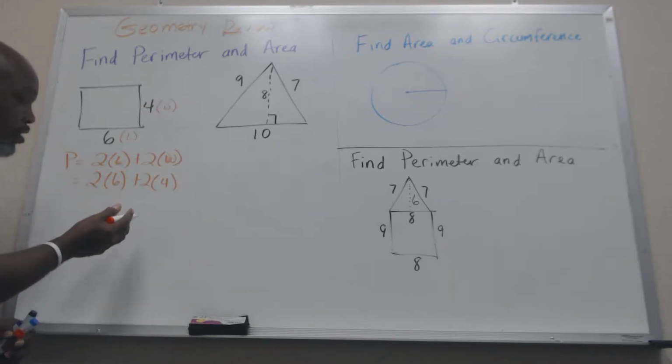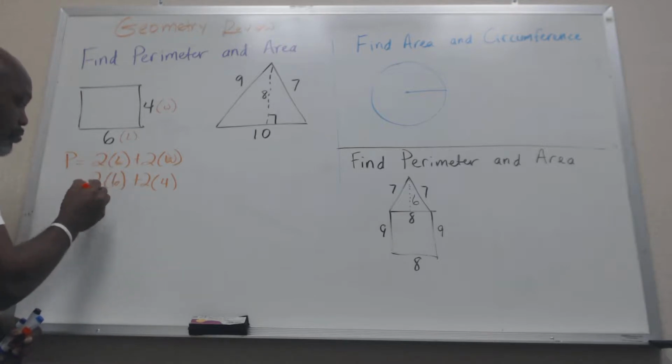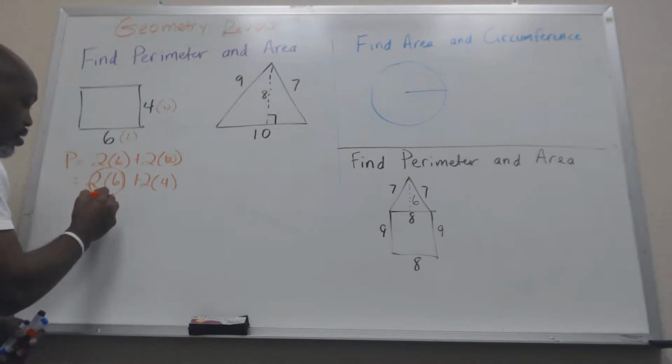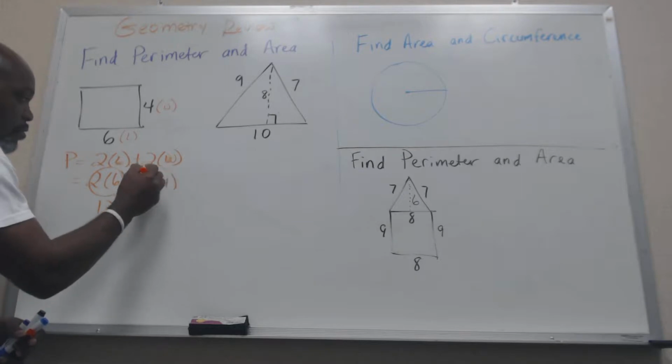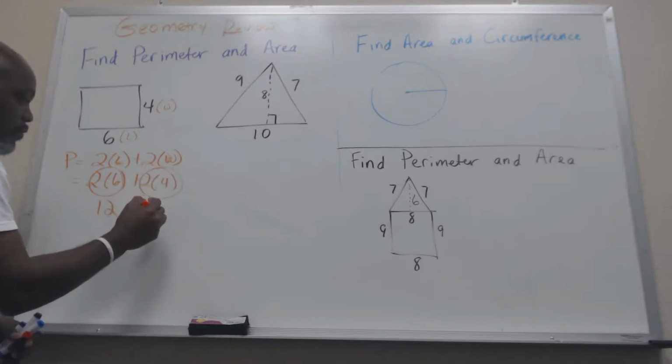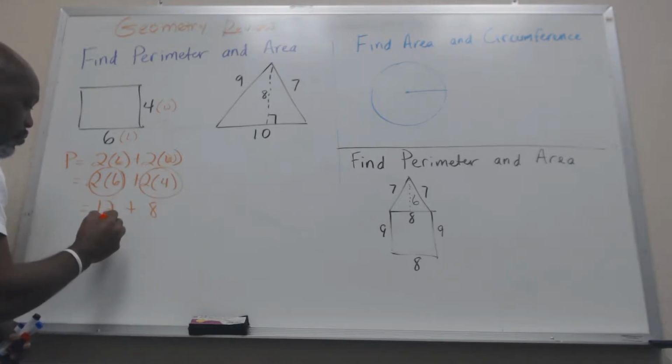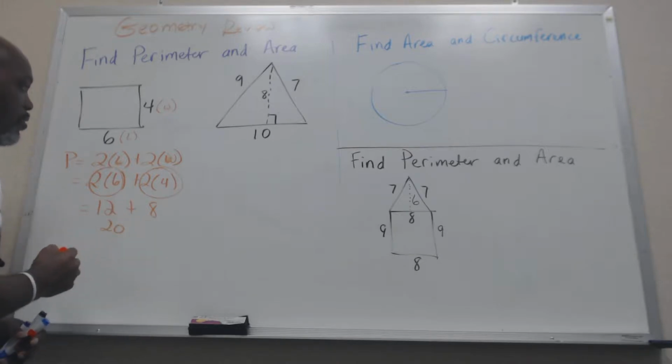Now we can do order of operations, which tells us to multiply first. So 2 times 6 is 12. 2 times 4 is 8. So the perimeter here is 20.